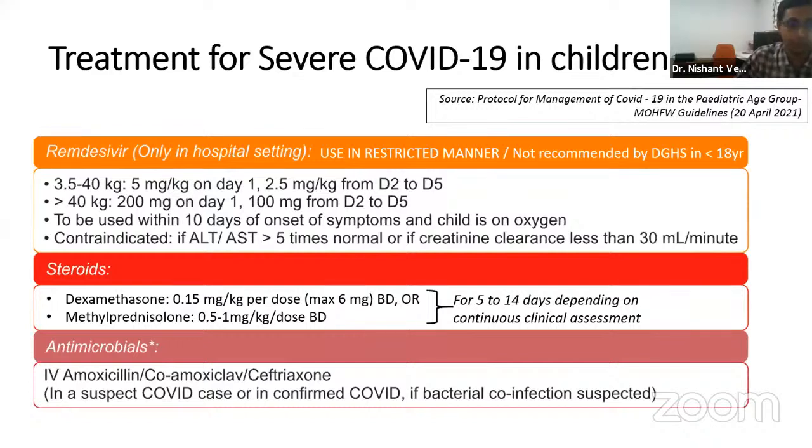Although there may not be any evidence to support this, we feel that if we are missing some bacterial pneumonia, then that can be covered by antibiotics. But the dictum here would be use first-line antimicrobials. Don't start with carbapenems. Don't start with piperacillin tazobactam. Start with something like amoxicillin or ceftriaxone, which are the drugs which we use for community-acquired pneumonia.